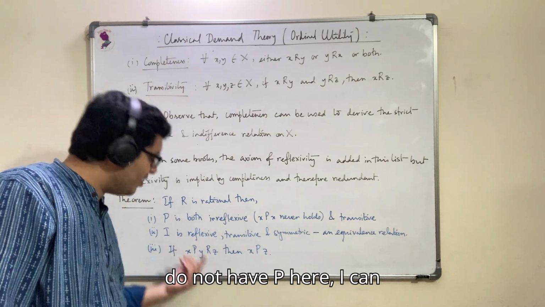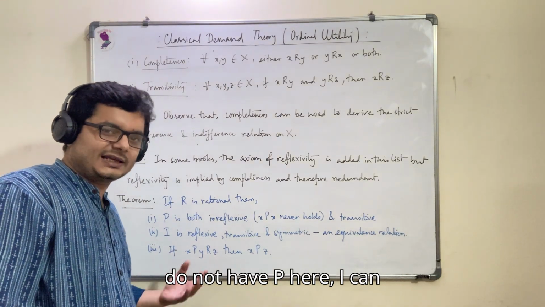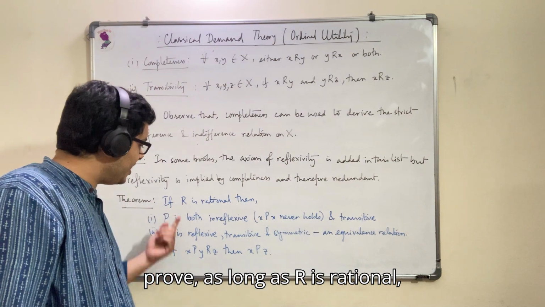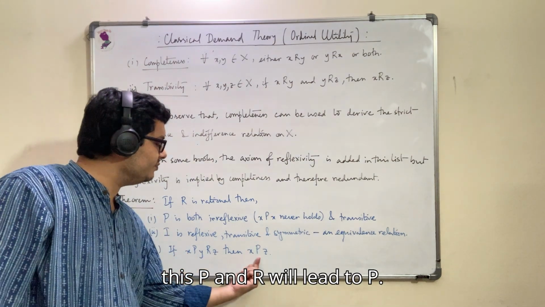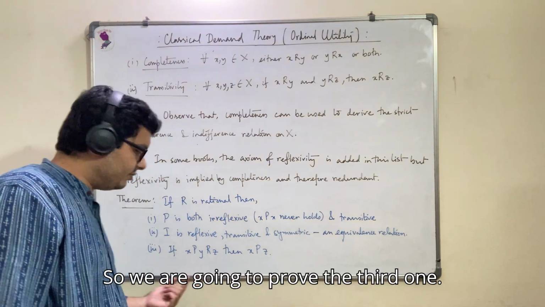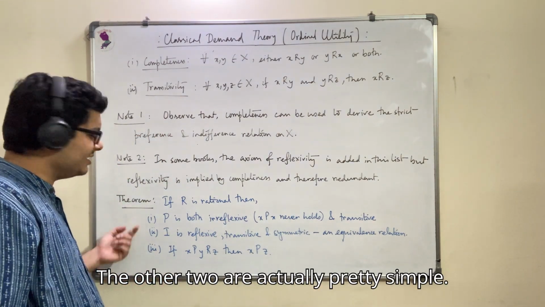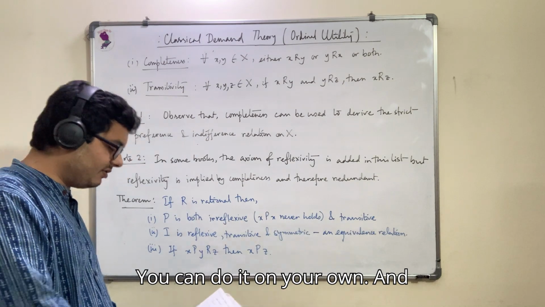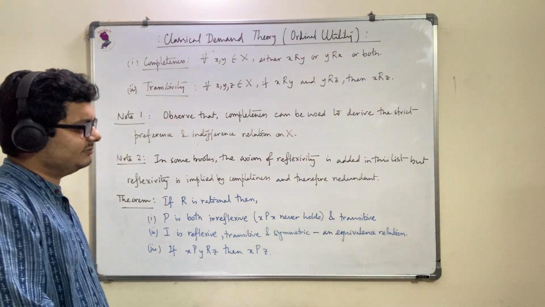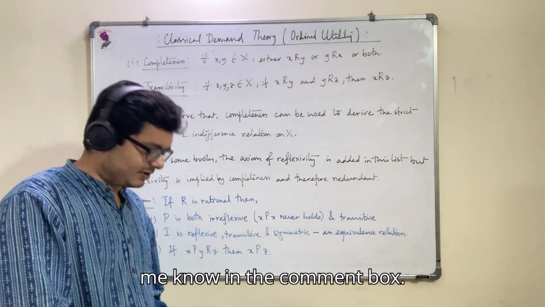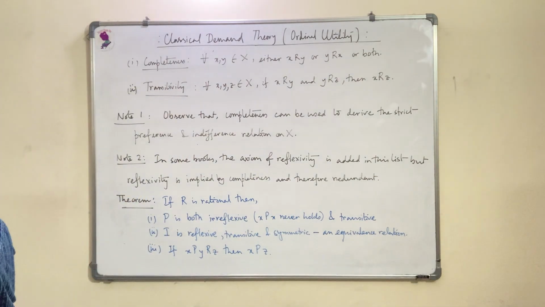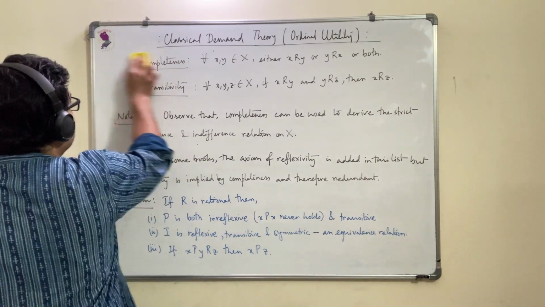But even if I do not have P here, I can prove that as long as R is rational, this P and R will lead to P. So we are going to prove the third one. The other two are actually pretty simple. You can do it on your own. And if there is a problem, you can just let me know in the comment box.